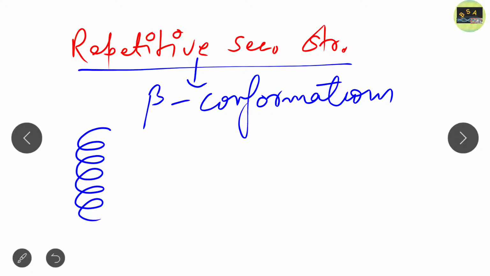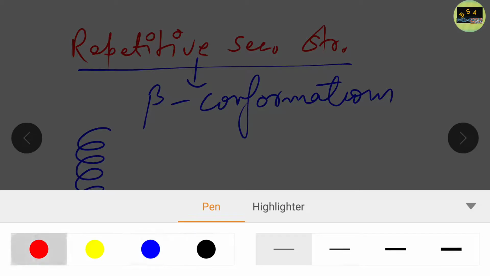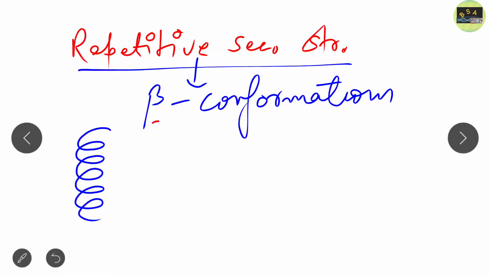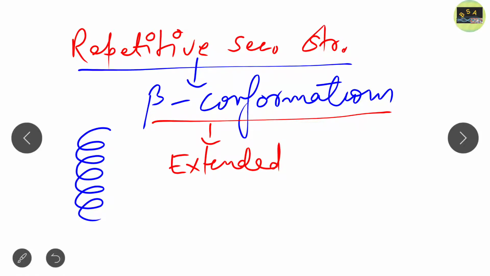If you have not watched the Ramachandran plot lecture, then please visit that lecture. You will find it in our biochemistry playlist. So beta conformations are more extended structures, please note it down, more extended as compared to the alpha helix.